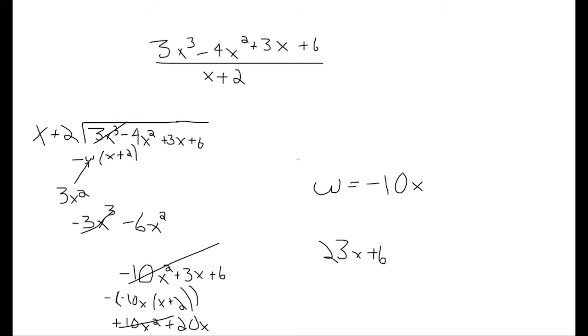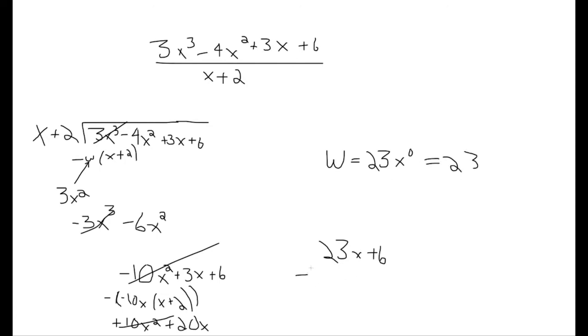And then we would continue. So we would say w in this case, so we don't have the same w anymore. We have a new w, and that w is going to equal just 23, right? Because it's not going to have an x, it's really 23x to the 0, right? Because this has a power of 1 on the x, so this would have a power of 0 on the x. So 23 times x to the 0 is just 23.